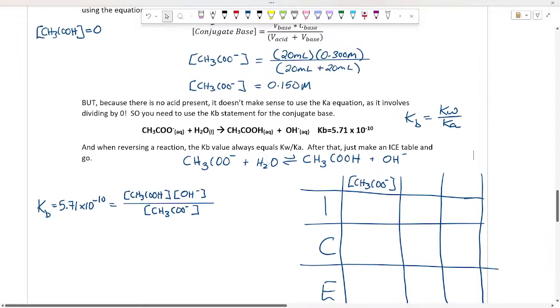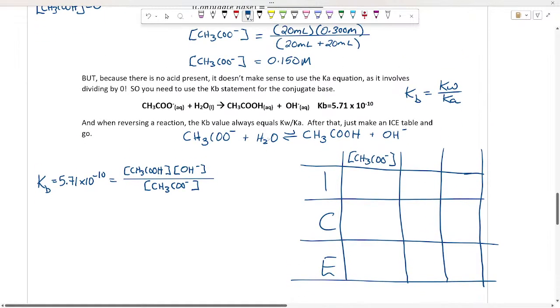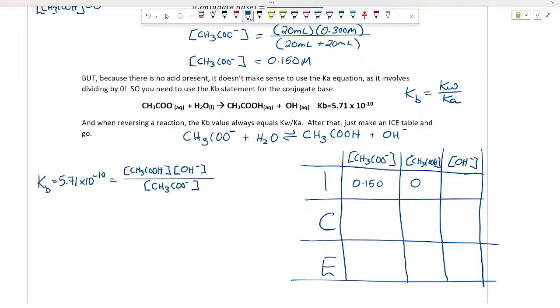Nope. Of the CH3COO minus. 0.150. The thing that's 0 is the concentration of CH3COOH and the concentration of OH minus. Really, we should start with 1 times 10 to the negative 7, but mathematically it's going to work for us to just start with 0.